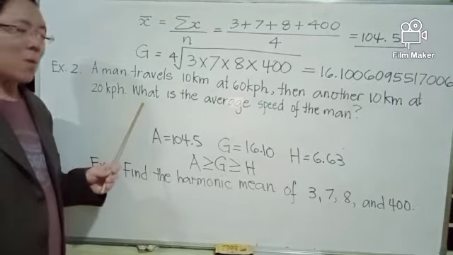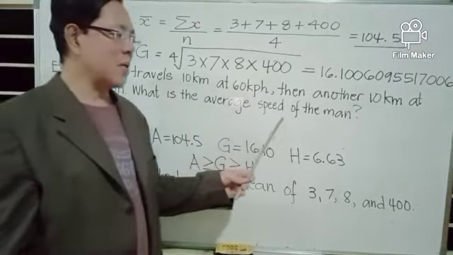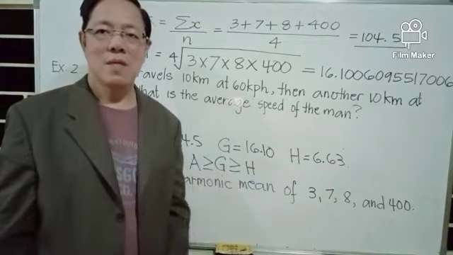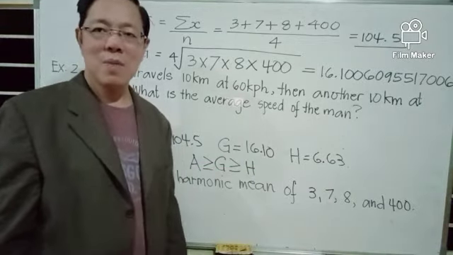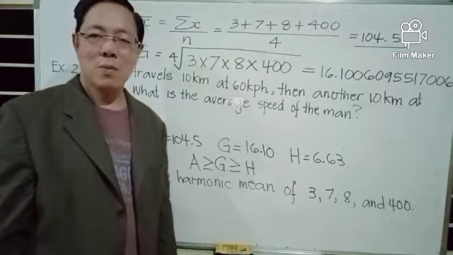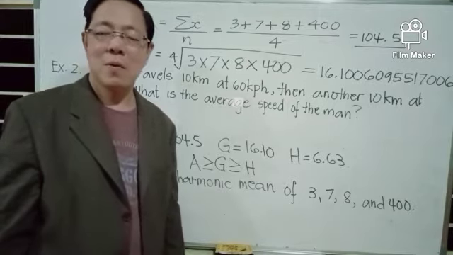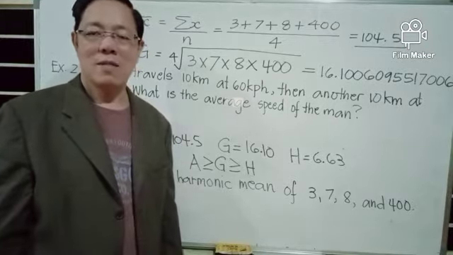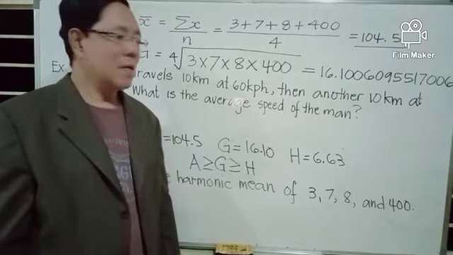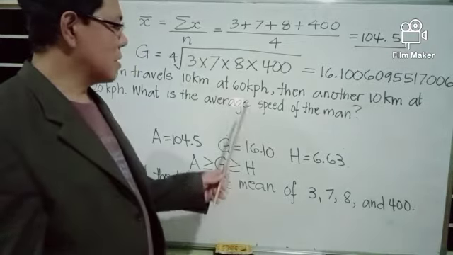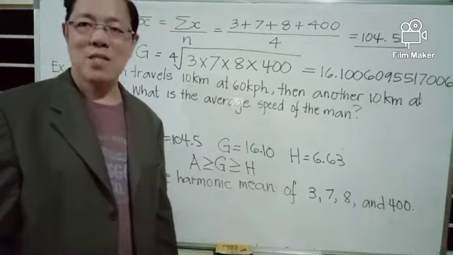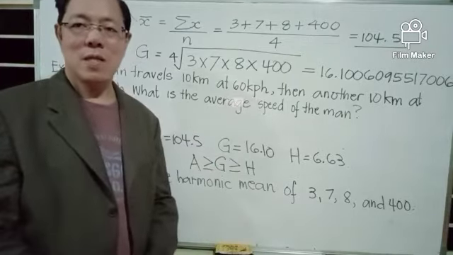The question is, what is the average speed of the man? The harmonic mean is usually used in problems involving ratios and rates. We will get the average speed of the man using harmonic mean.